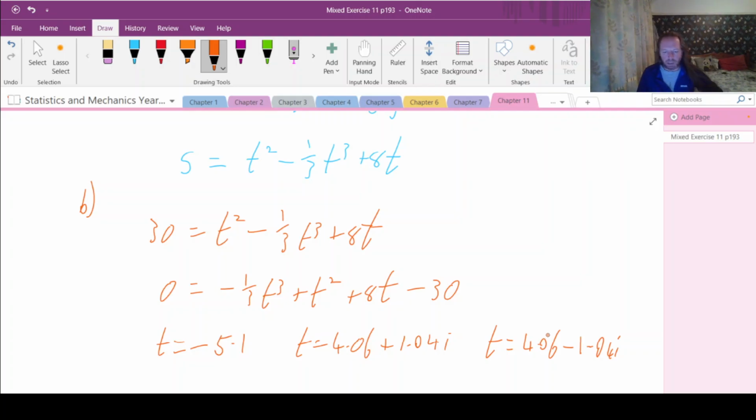So I'm getting imaginary numbers and a negative number for t, which shows that I'm never going to make 30 meters.